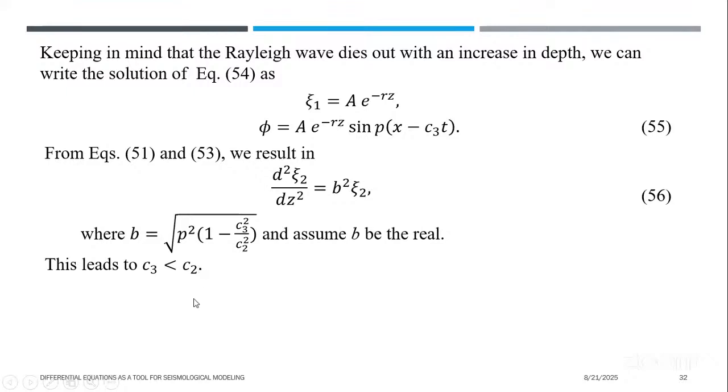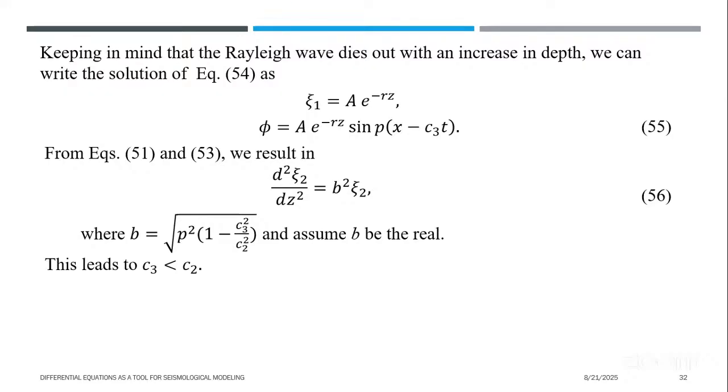So what a special thing we are getting: the phase velocity of the Rayleigh wave is less than the square root of lambda plus 2 mu by rho, and the square root of mu by rho. We know that out of C1 and C2, C1 is larger and C2 is smaller. So the Rayleigh wave speed is lesser than C2. But how much less? That is the question.